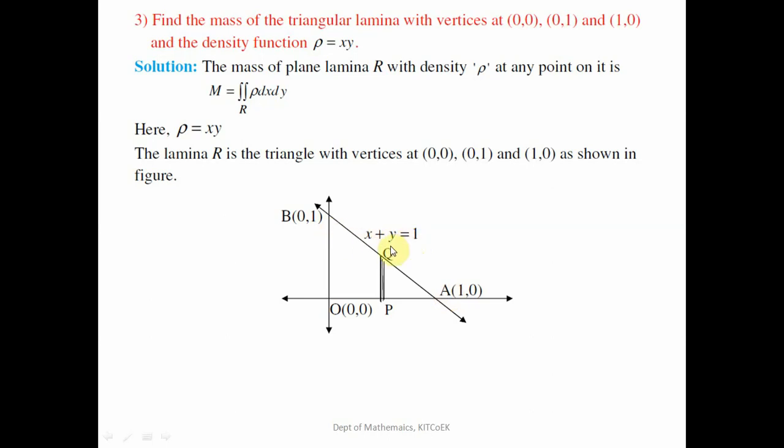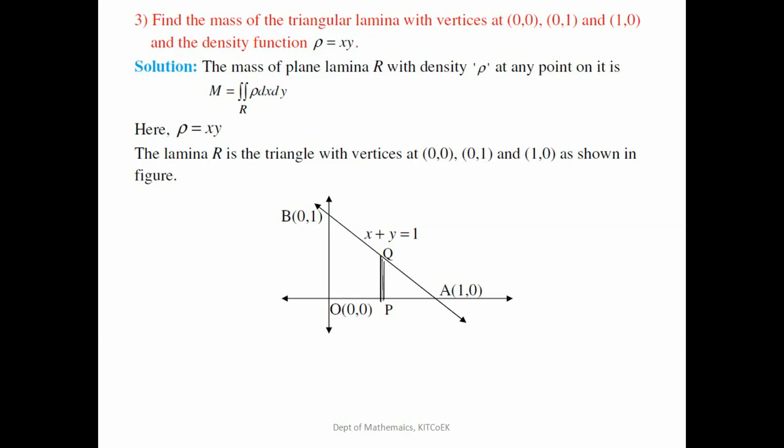Boundary equations of the region are known. Now we need to find the limits which will cover this whole triangle. For that, we will consider the strip PQ parallel to the y-axis. After considering the strip parallel to the y-axis, we need to find the limits for the variable y first.